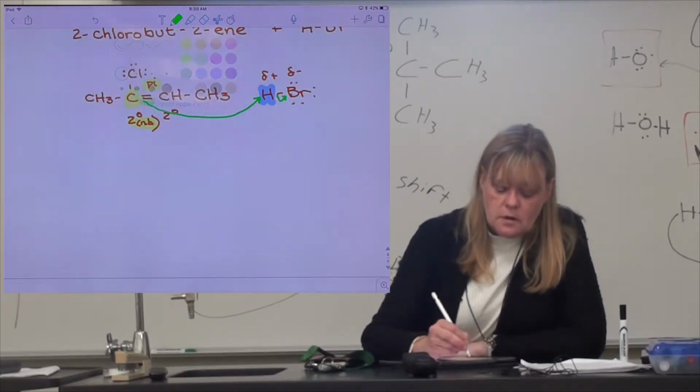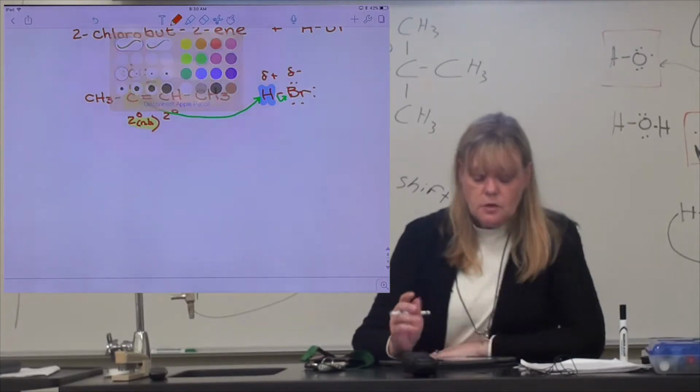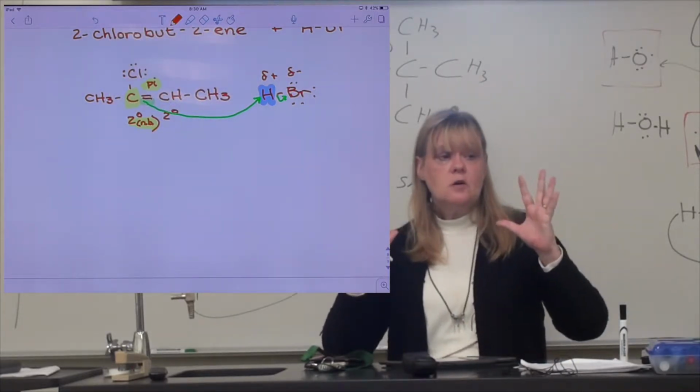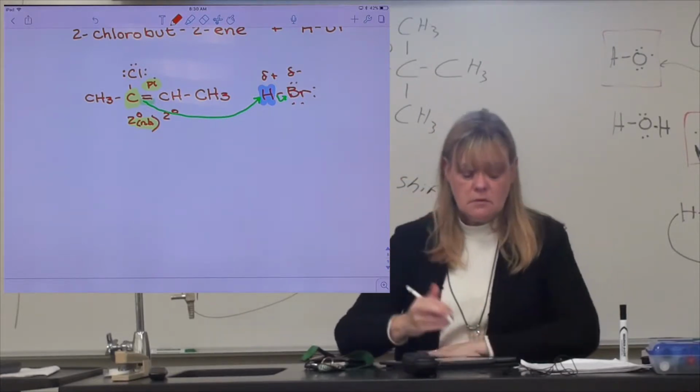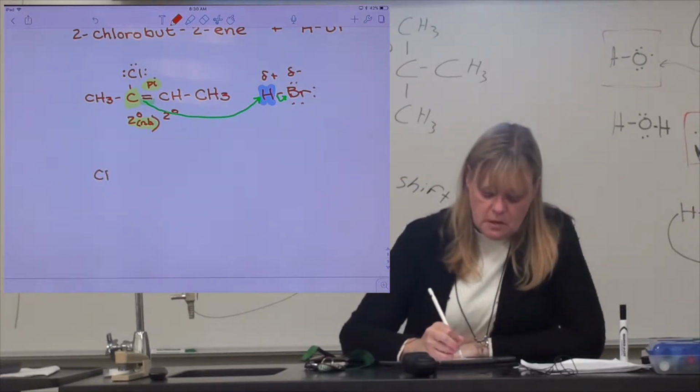Okay, and I'm going to draw out the molecule so far, but it's not going to be totally correct. I just want to help you picture it a little better. So we're going to fix this in a minute.